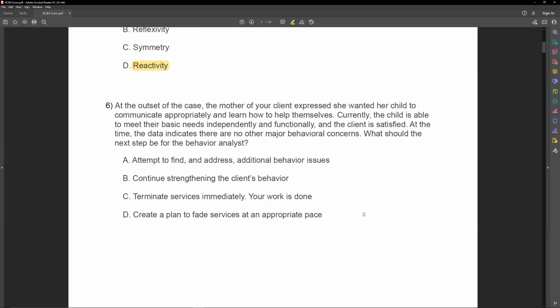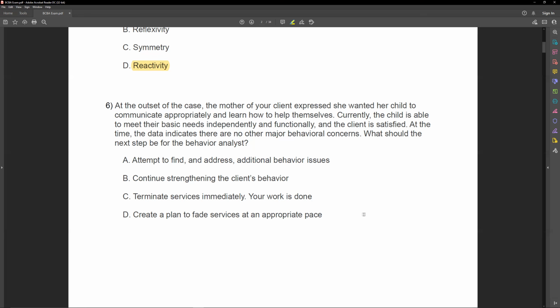Do we A, attempt to find and address additional behavior issues? We should never go searching for issues, okay? Meaning we want socially significant behaviors that are going to matter, okay? That are going to produce an impact, that are meaningful. Just addressing random behavior issues isn't something we do, okay? So A is out.